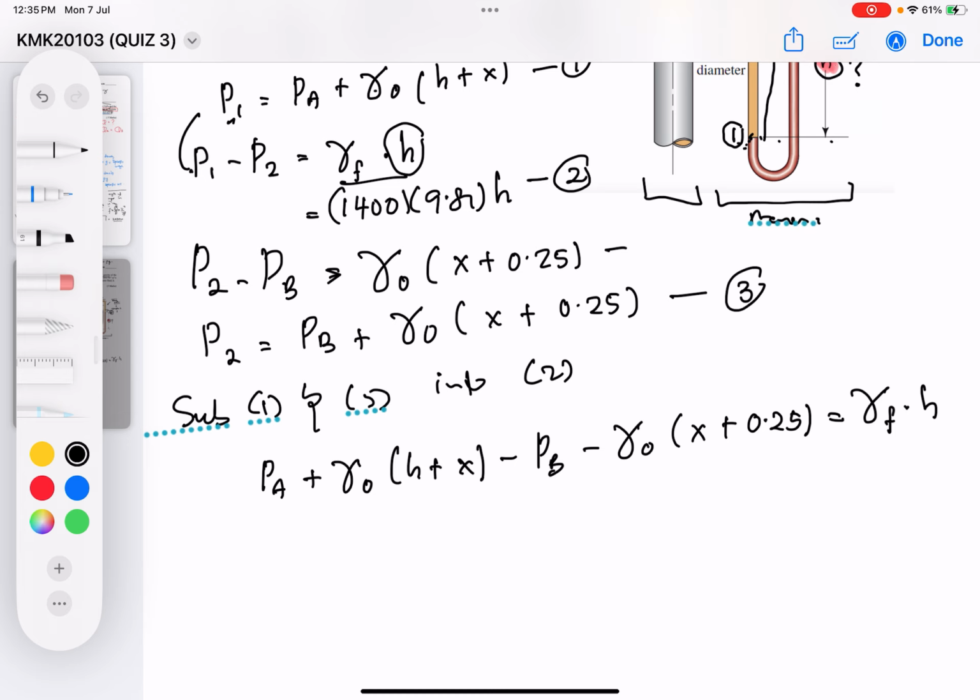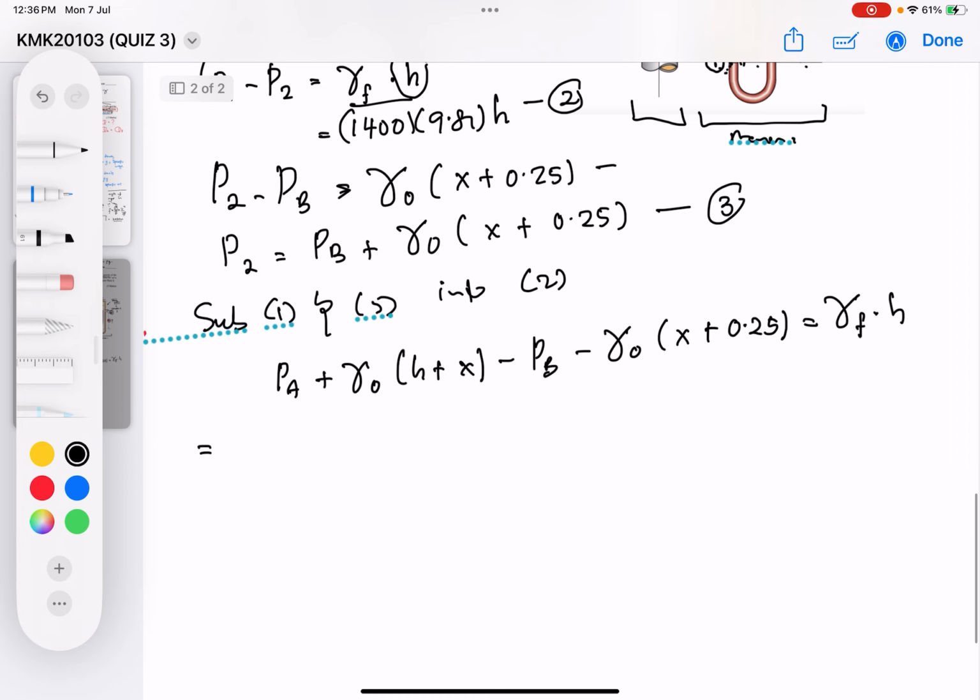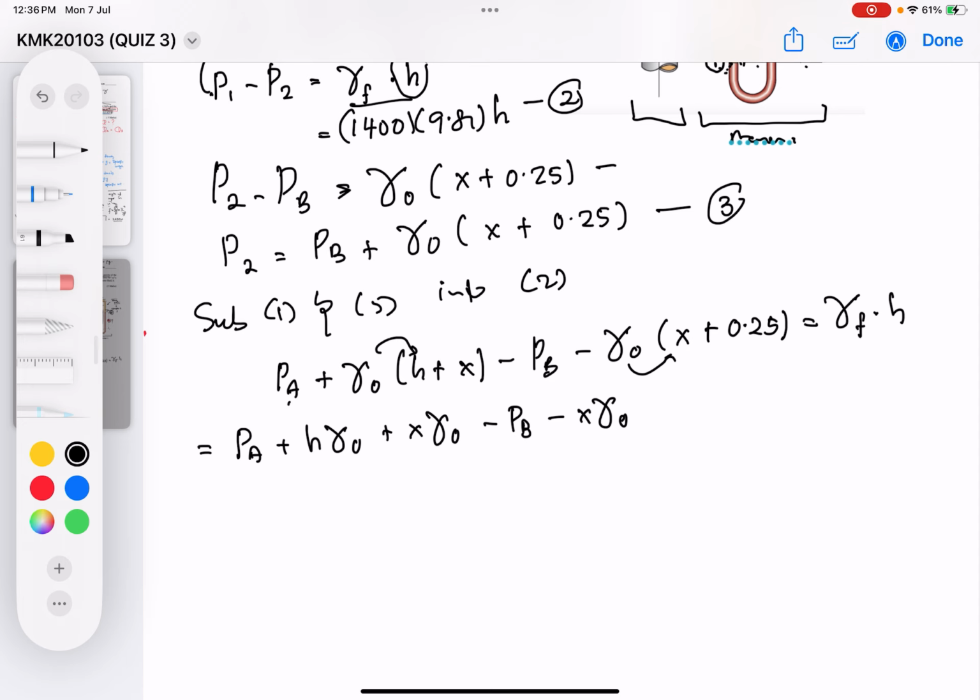Alright, so I'm going to expand it so that it's easier for me to cancel out the same terms here. So now I have PA plus h gamma of the oil, plus x gamma of the oil, minus PB, minus gamma of the oil multiplied by x, minus 0.25 gamma of the oil equals gamma of the fluid multiplied by h.